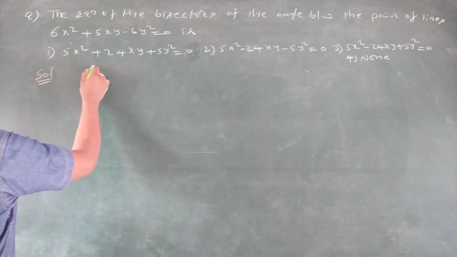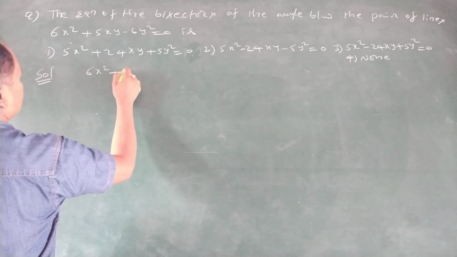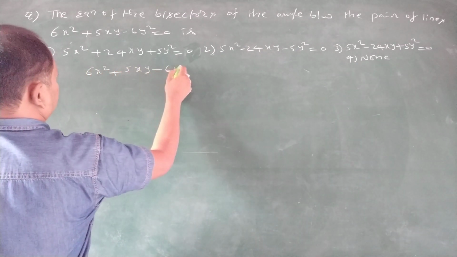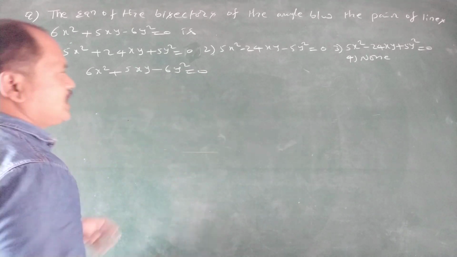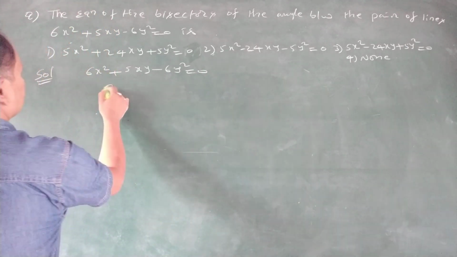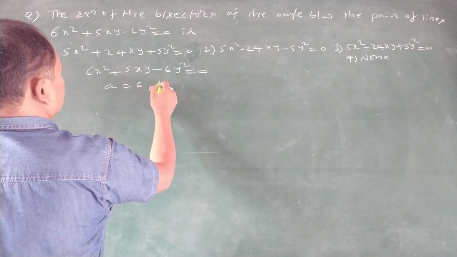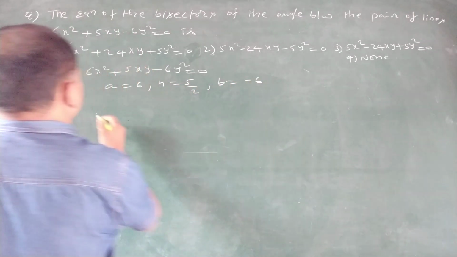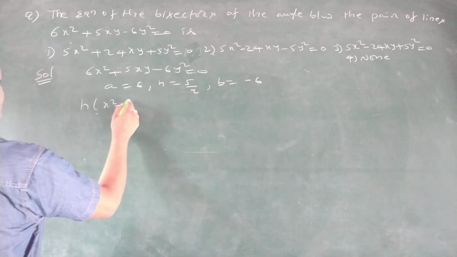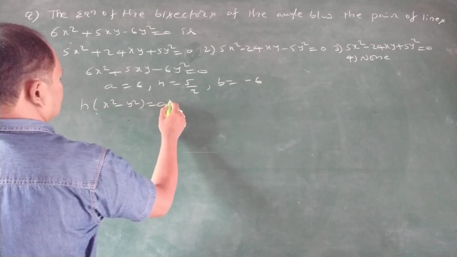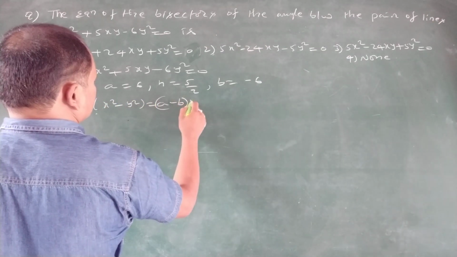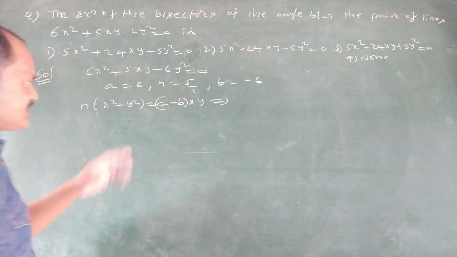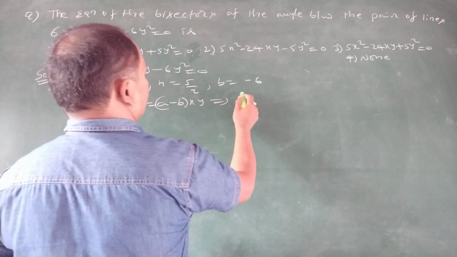Solution: given equation 6x square plus 5xy minus 6y square is equal to 0. Comparing with the pair of lines, a is equal to 6, h is equal to 5 by 2 and b is equal to minus 6. Now the formula: h into x square minus y square is equal to a minus b into xy. What is h? That is 5 by 2.